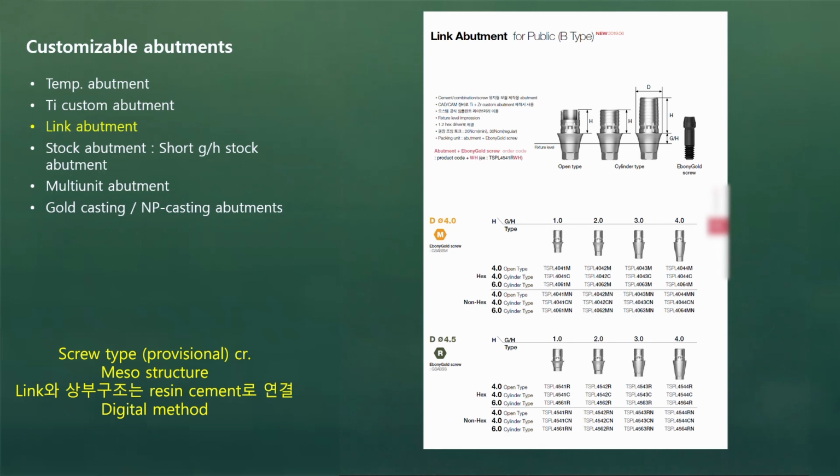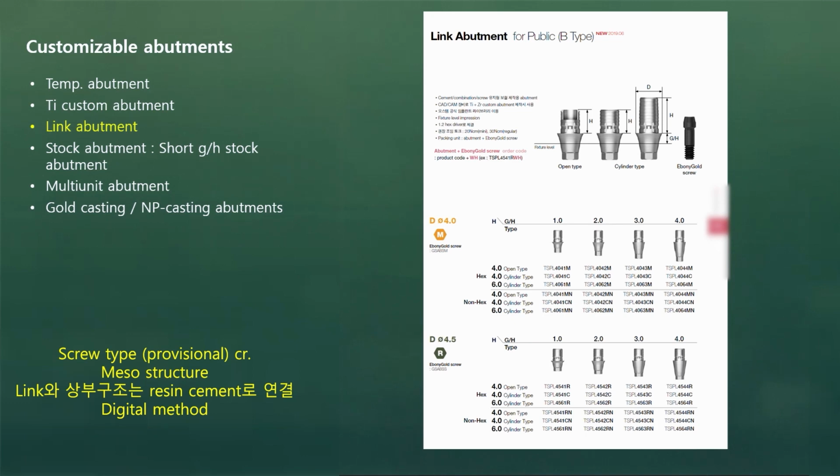And if not screw type, then on top of link abutment, a mesostructure or abutment is connected. It comes in 4.0, 4.5 diameter, and has various sizes, and open type is easy to follow the lingual contour, and if you use an angular screw, it's better.